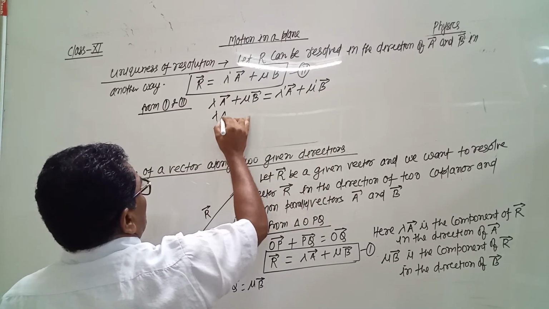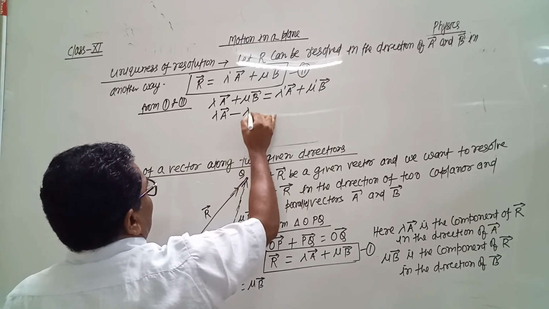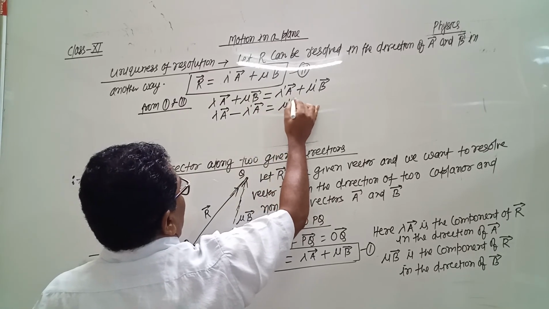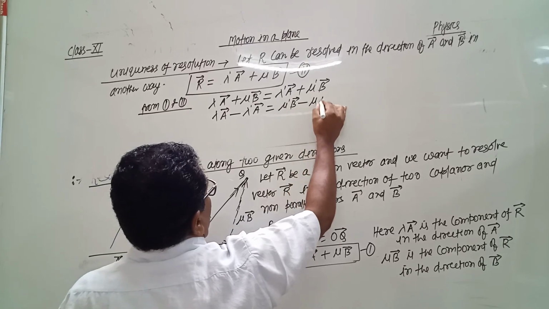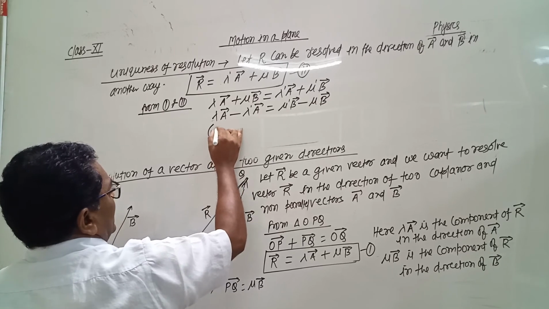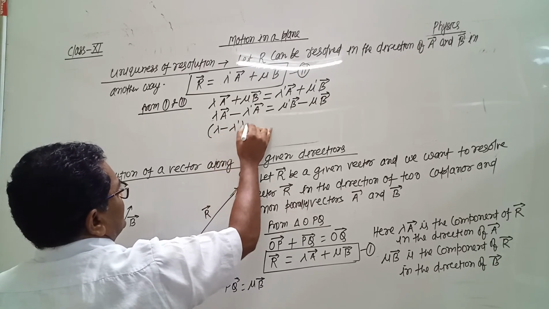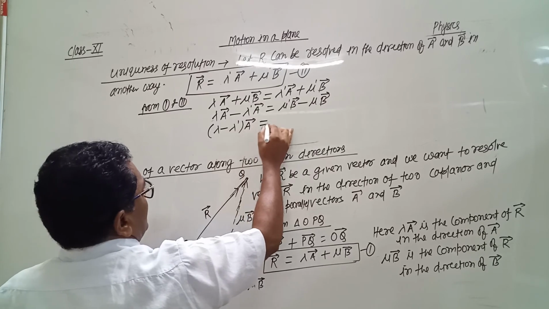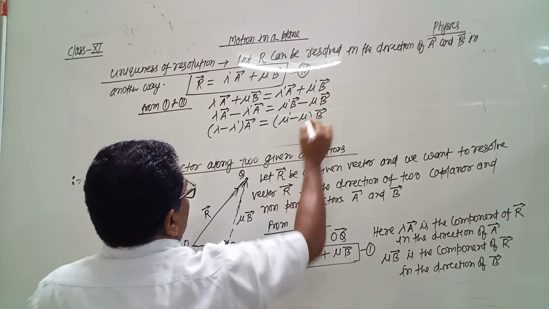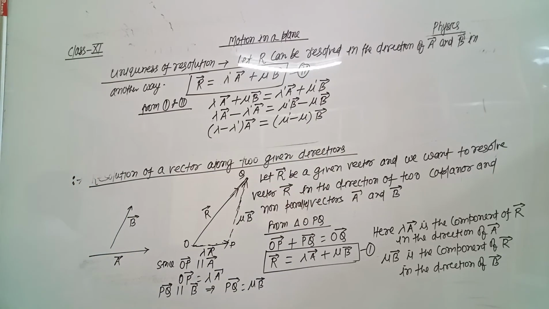So lambda into vector A minus lambda dash into vector A equals mu dash into vector B minus mu into vector B, and from these two terms vector A is common. So lambda minus lambda dash into vector A equals mu dash minus mu into vector B.